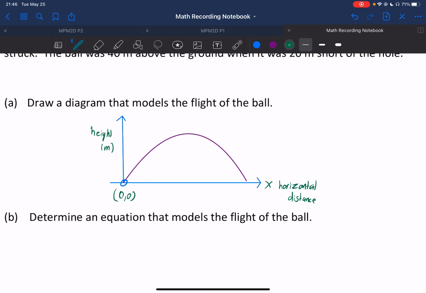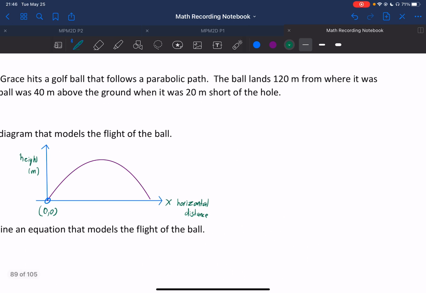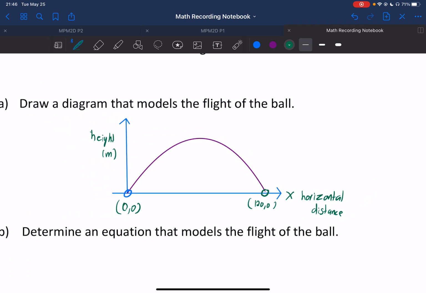The next information we found is that the ball lands 120 meters from where it's struck. So it hits the ground at 120, 0. At some point in its path, it's 20 meters from the hole, which means it's not at 120, it's at a horizontal distance of 100.